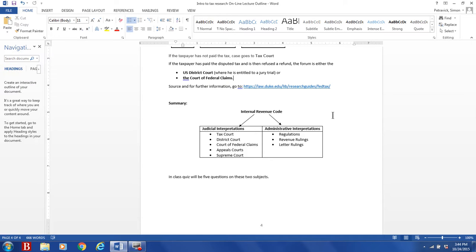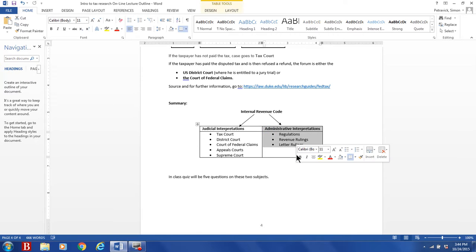And so in order to understand or to interpret the code, there could be administrative interpretations. Those come in various forms from the IRS. Or there could be judicial interpretations. Those come in the form of various court decisions that interpret the tax law.